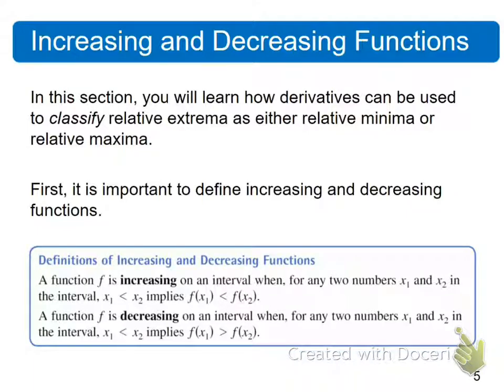So what I'm saying is, if I'm going along a line, this value is less than this value, then my function is increasing. Whereas it's decreasing when the value of the first one's bigger than the second one, so it'd be like this. Here's the first one, here's the second one. That's a decreasing function. Is everybody with me on that?